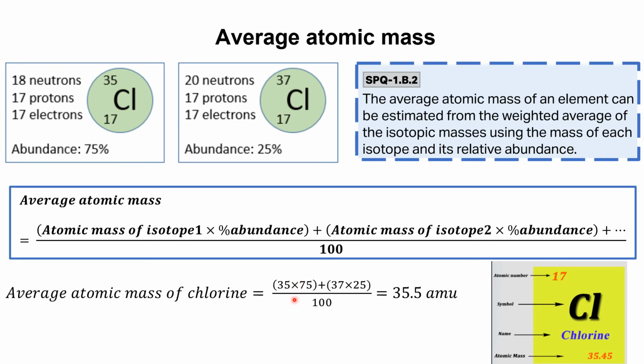When we do this calculation we get the answer as 35.5 AMU. In topic 1.1 I also explained that atomic mass is mentioned in AMU. That is why in the periodic table you will see that the atomic mass is 35.45, which is near this value. Like this, we can calculate the average atomic mass. Let's see one more example.